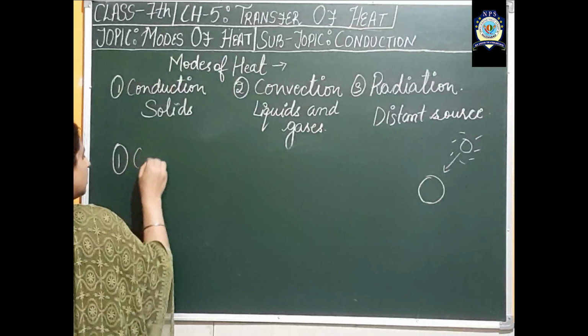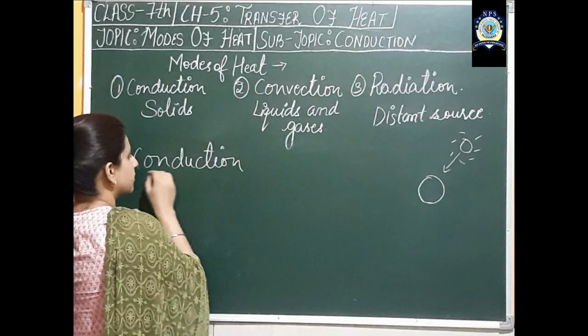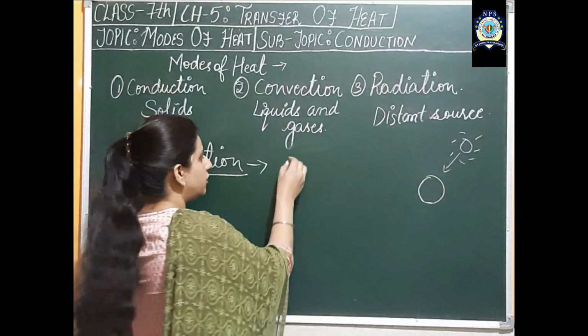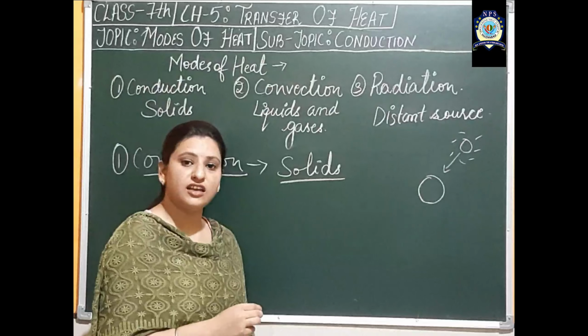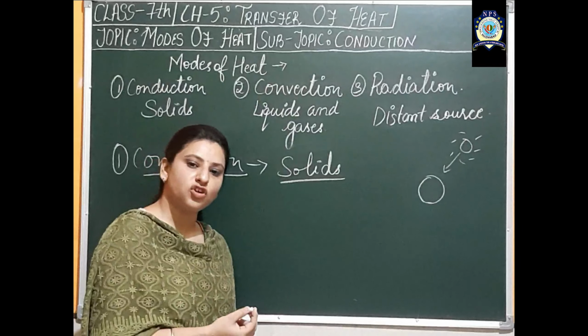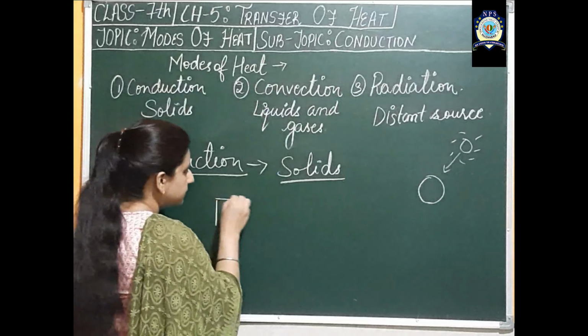If I talk about conduction, then we had already discussed that conduction takes place in solids, and these solids must be conducting in nature. So if I talk about conducting solids, then I can take an example of an iron rod.